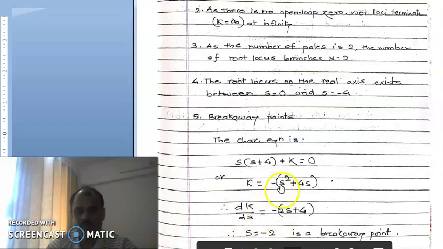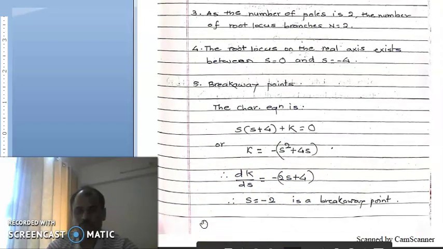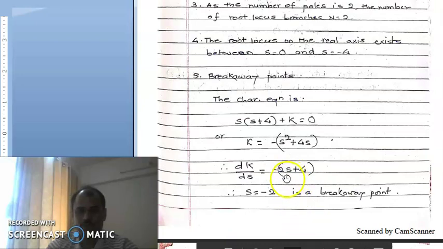Taking the first derivative with respect to s, we have -2s - 4, and further equating dk by ds to 0, that is -2s - 4 = 0, we have s = -2. So the root locus breaks away from the point -2.